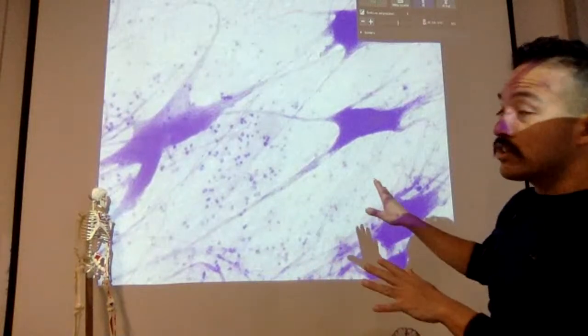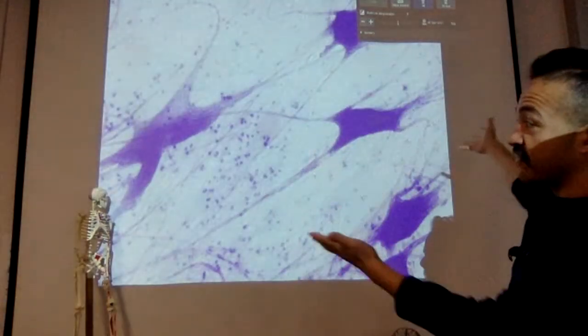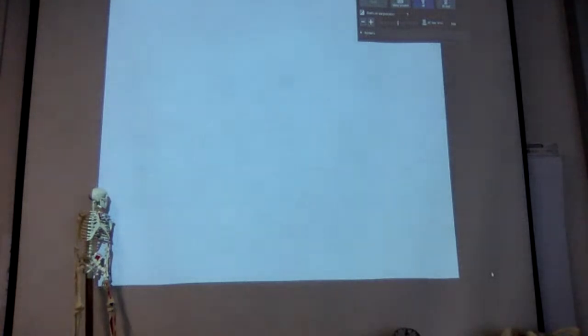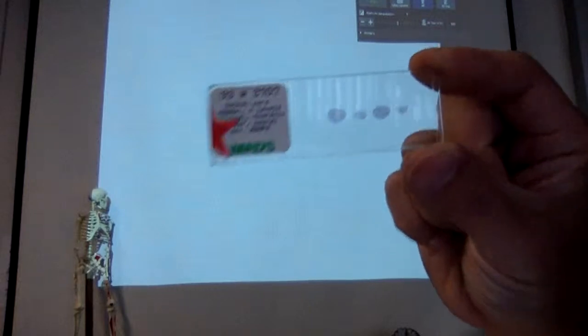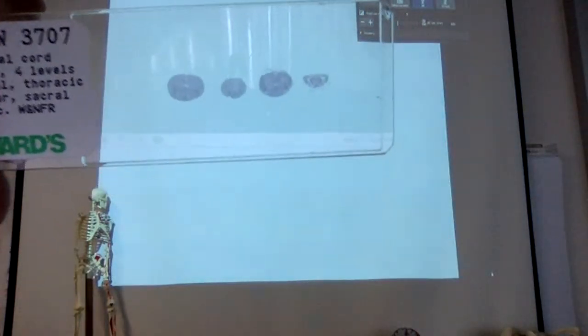Okay, so those are neurons from the spinal cord that have been smeared so we can see individual parts. Let's take a look at an actual spinal cord that hasn't been smeared. So you can see there are 4 pieces of spinal cord.